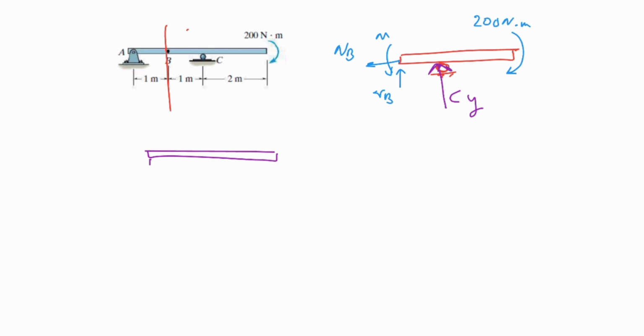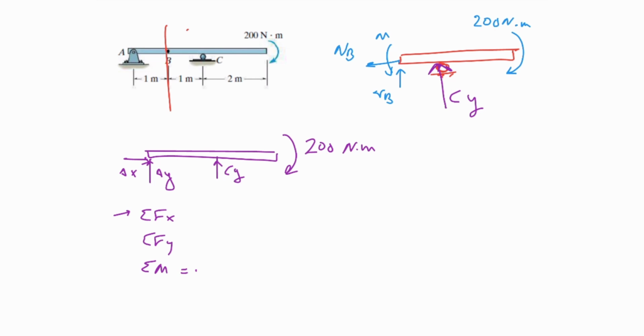As you can see, we have Ay and Ax because we have a pin over there, and also Cy at the point C, and 200 Newton meter here. Right now I can write down sigma of x, sigma of y, and sigma M, all of them equal to 0 for this free body diagram of the whole system. And by solving these equations, I can get Cy.